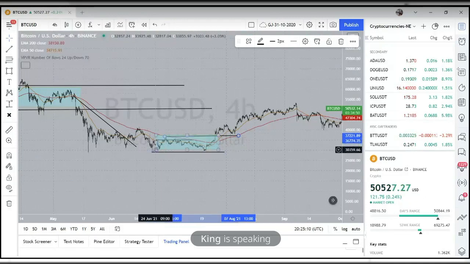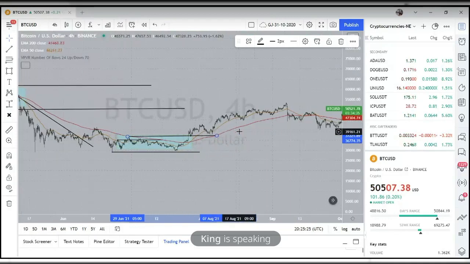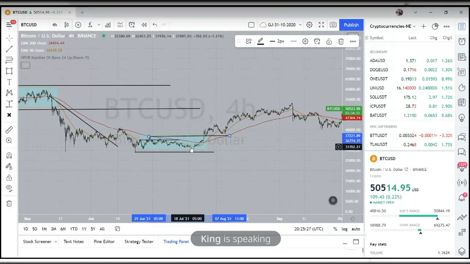But what you're looking at is essentially the low was held. We got a previous break of structure here, and once we get up here and break the 50 EMA, that's sort of a sign of possible buy-in about to commence. So you could have got in here, or once the uptrend is confirmed up here.